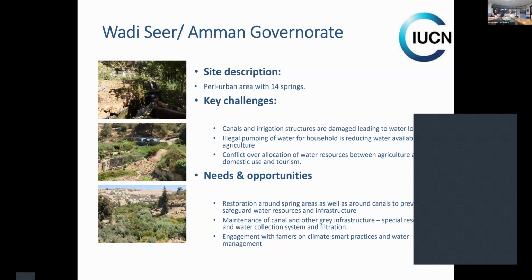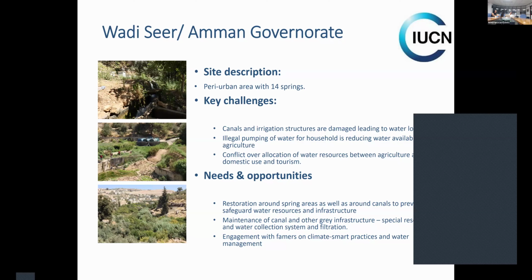There are opportunities, or let's say more than opportunity, to work in Wadi Sir. We can start restoration around natural spring areas as well as around canals to safeguard water resources and infrastructure, and that's what we are doing in this stage.